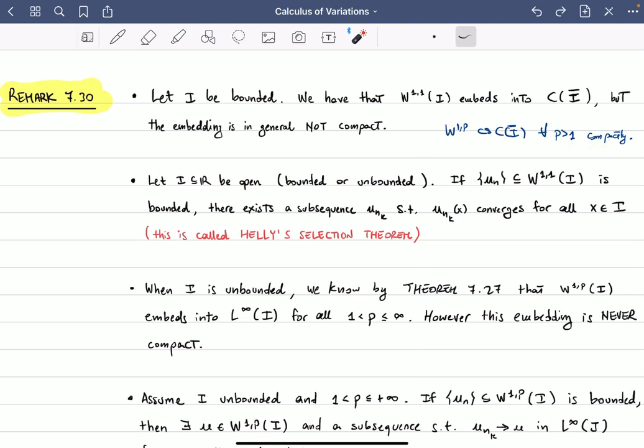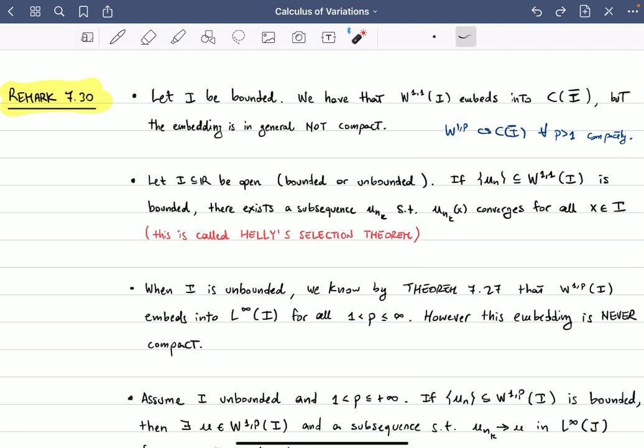The question is, what happens when P is equal to 1? Of course we know that this embedding is true because of the usual theorem that Sobolev functions are continuous. However, this embedding is in general not compact. So for P equals to 1, compactness fails.